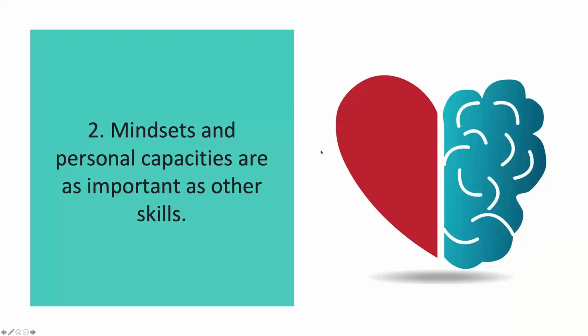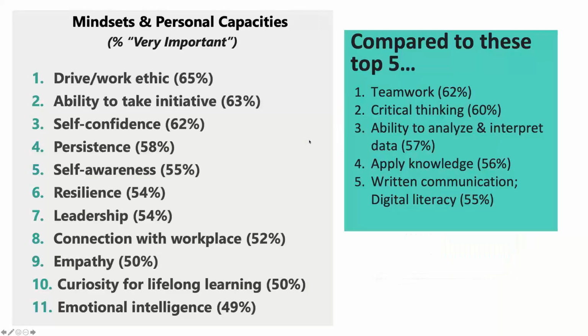We also probed regarding mindsets as well as the general skills, so the essential learning outcomes, in our survey. And what we found really interesting was that you can compare what you see in the green call-out box, which are some of the highest rated essential skills that employers said they were hoping for, that they found to be very important.